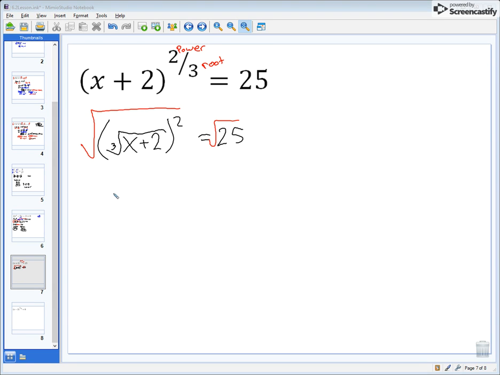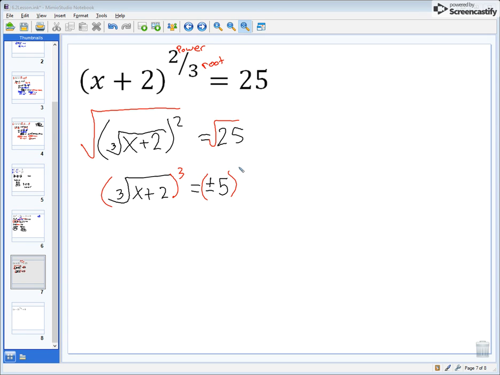Which means now I have the third root of x plus 2, and that is equal to, now don't forget that when you square root something, you always have the positive and the negative version of it. So the square root of 25 is 5, it could have been positive or negative. Now to get rid of the third root, I need to raise this to the third power.